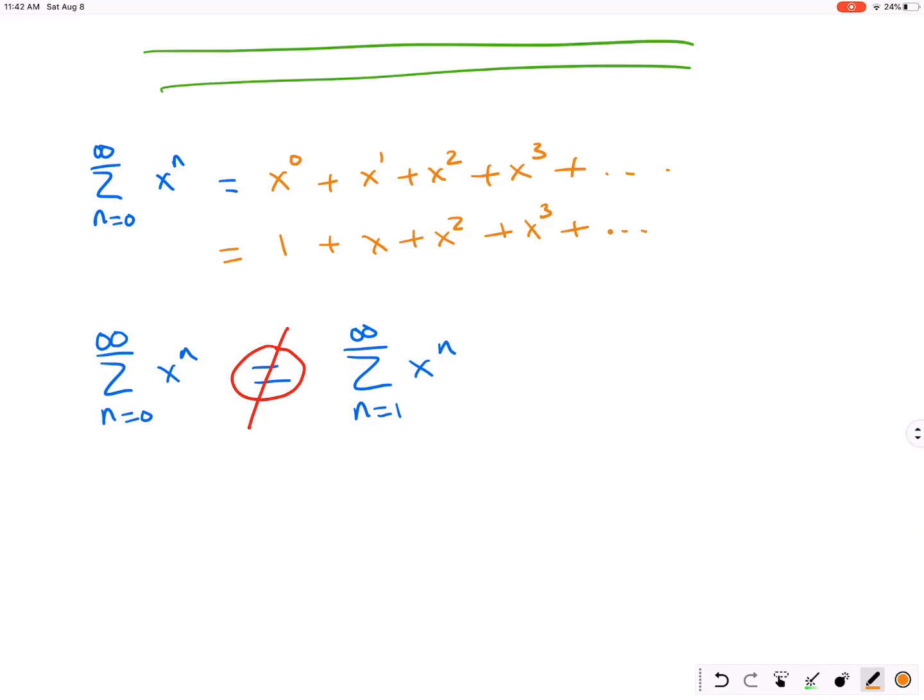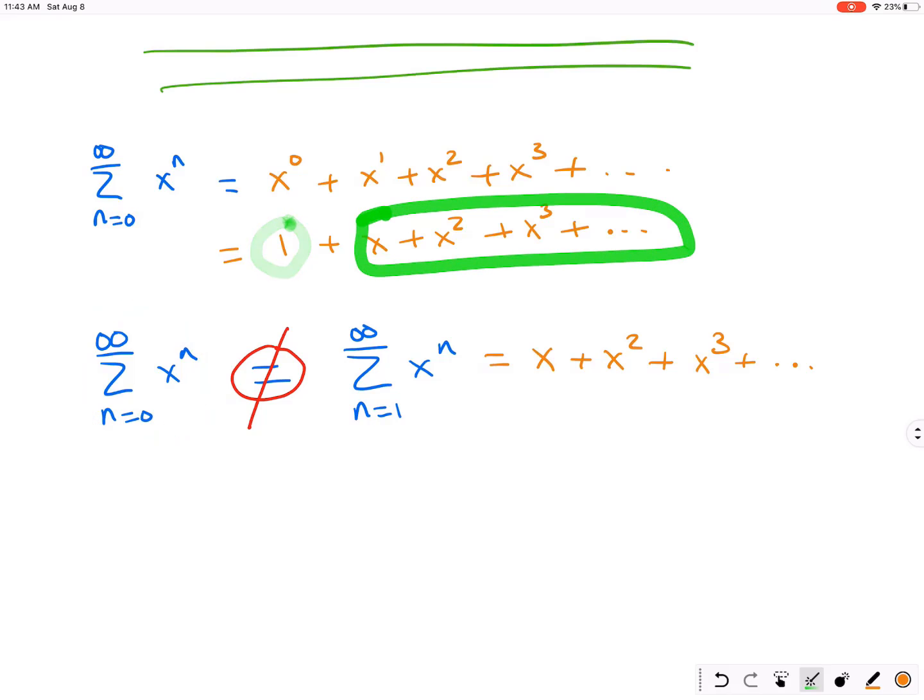Why? Well, let me write out the terms here. X to the n starting with 1 is x, and then x squared and x cubed and so forth. All right, so when I change the indice, the one over here on the left, the first term has a 1, and then all of these things.